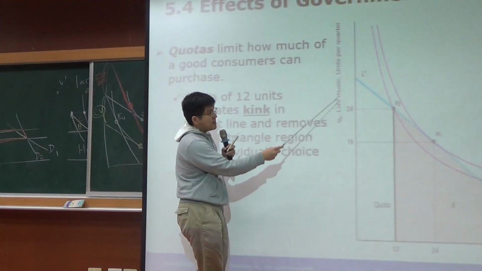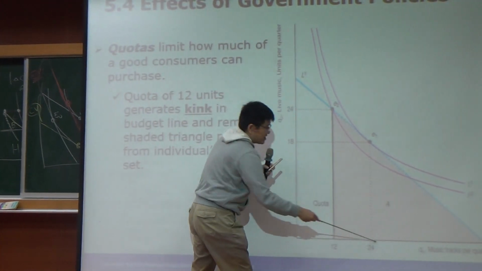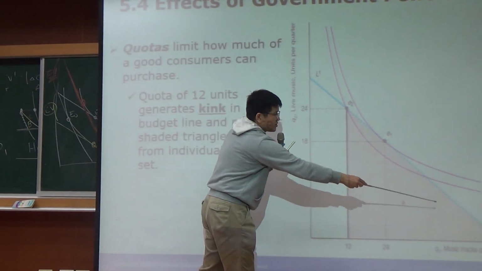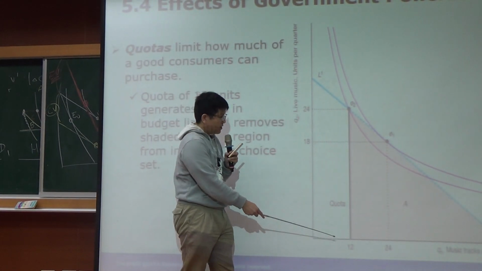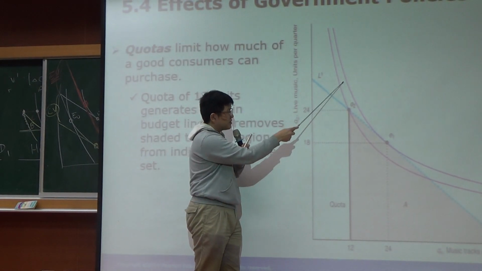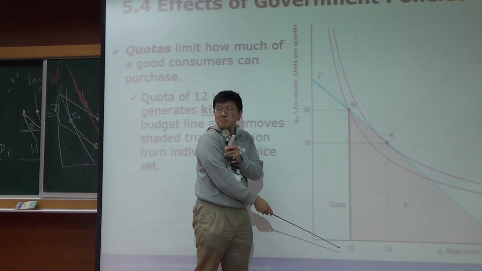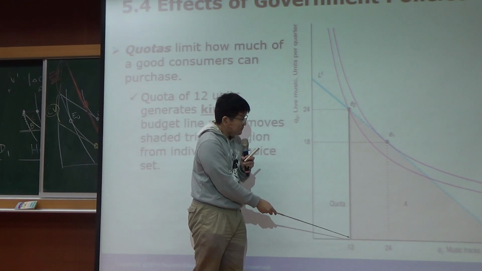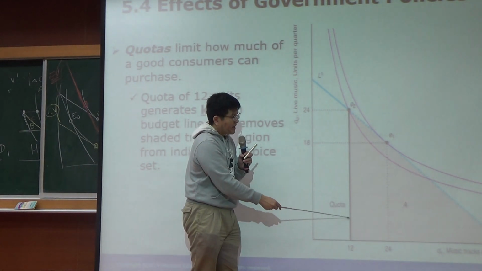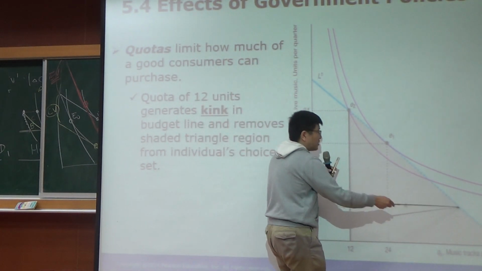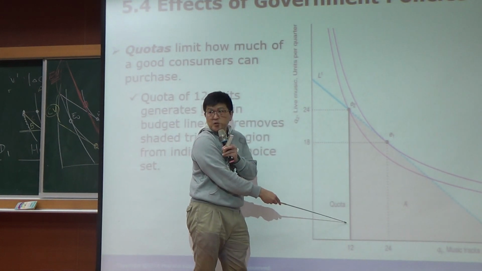So initially, your choice set is this large. But now, with the quota limit, you are limited to consume at most 12 units. So this policy takes this triangle away from you.